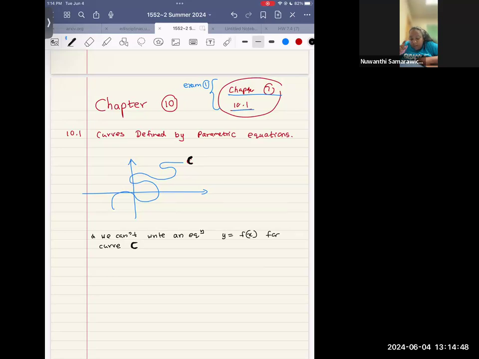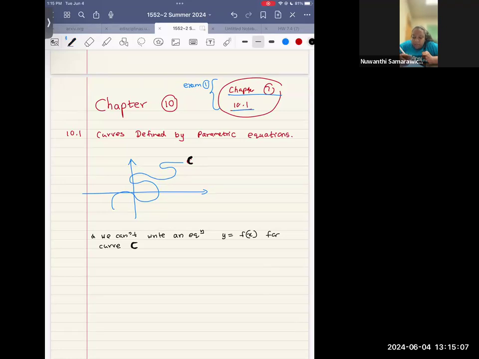Because in Cal 1, for a graph to be a function, whenever a graph is given, you have to check whether it is a function or not. To check, we use the vertical line test, right?